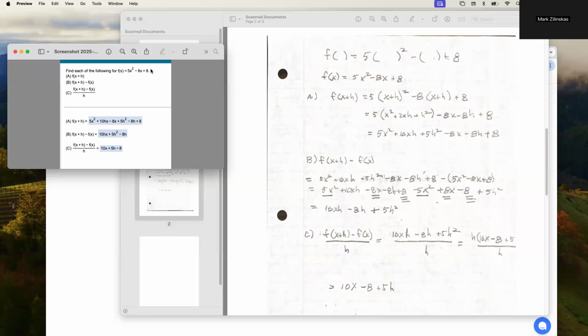In this case, this f, 5x squared minus 8x plus 8. Now, what I did over here to kind of illustrate the main concept, when you first use this function notation, what you would have been doing is just maybe putting numbers in here. So, in other words, I would find f of 5, okay?